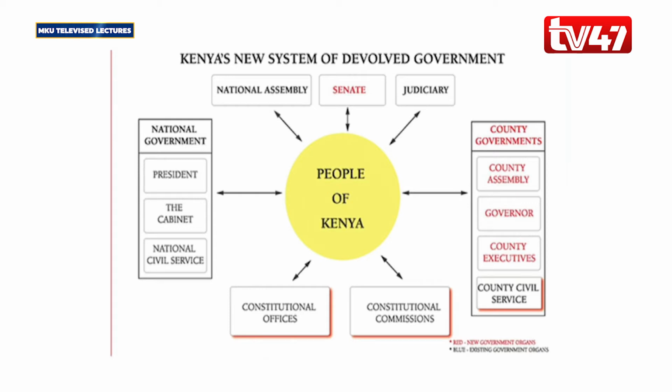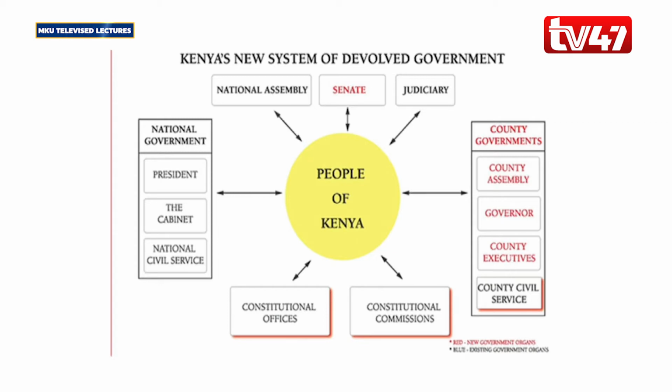But then issues of representation in that county are debated in the county assembly. The county assembly is the equivalent of the national parliament, which is right here, that discusses issues of national governance, and the Senate here discusses issues to do with the county administrations, with representatives from the people of Kenya, and these representatives are called senators.